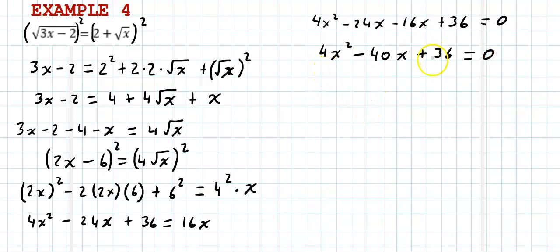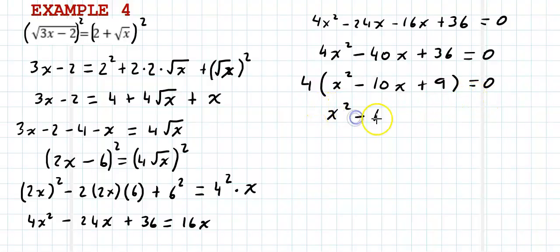We have a trinomial that has a common factor, which is 4. So 4 is the common factor of x to the second power minus 10x plus 9 equals 0. We can divide by 4, so x to the second power minus 10x plus 9 is equal to 0.